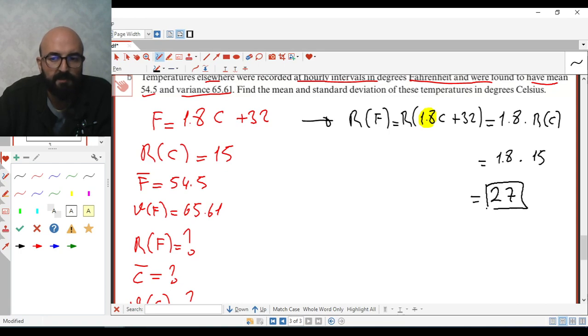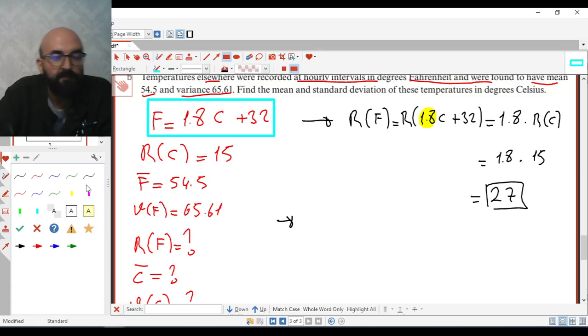And we want to find the mean of Celsius. We have an equation between Fahrenheit and Celsius, and the mean of Fahrenheit means 1.8 multiplied by the mean of C plus 32.